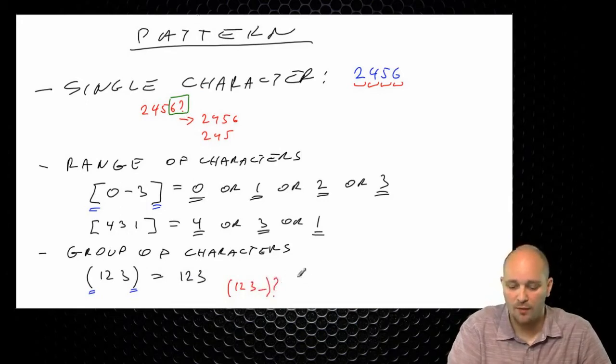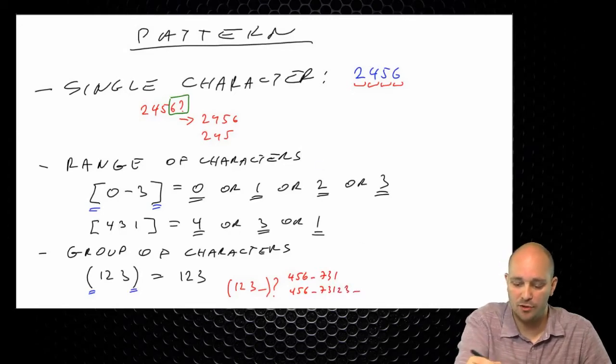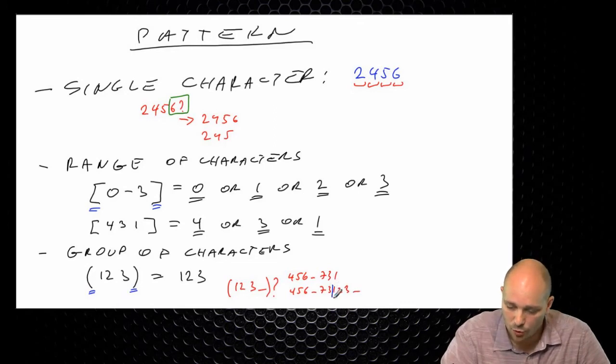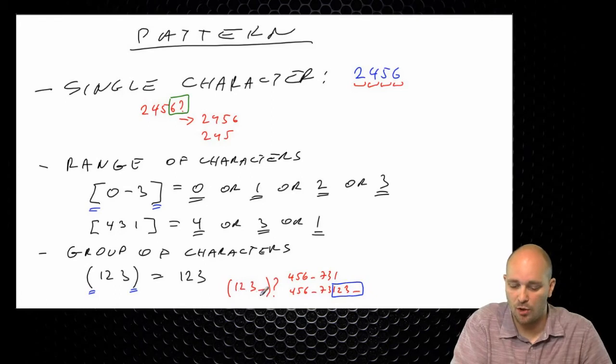So now this would match, for example, 4, 5, 6 followed by 7, 3, 1, or it would match 4, 5, 6 followed by 7, 3, 1 followed by 2, 3. Why? Because take a look at this. We do have 1, 2, 3 space that we are trying to match.